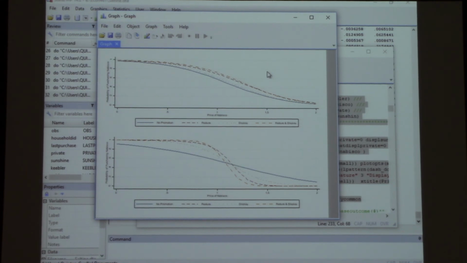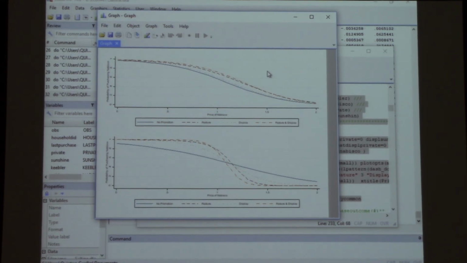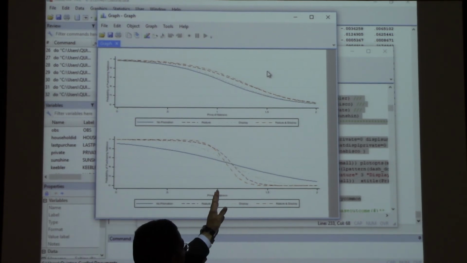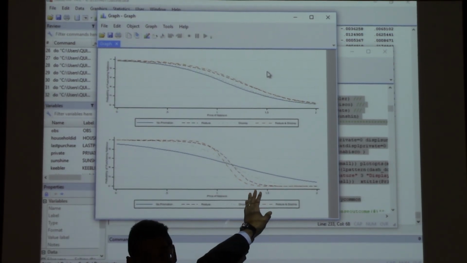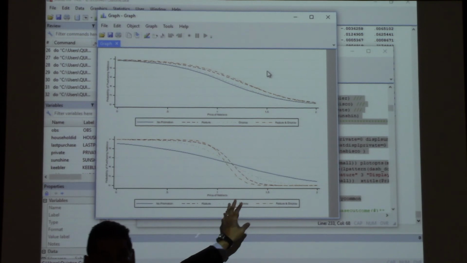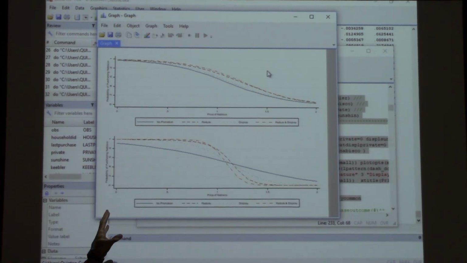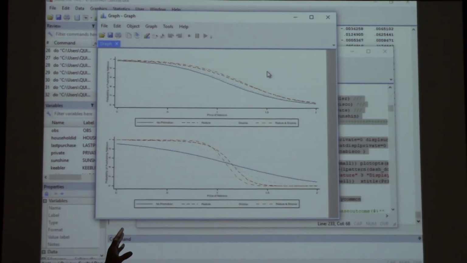There's a bigger effect from promotion. So when we promote and the price is above average, oh, there's a lower effect of promotion. Less of an effect. Not just less of an effect, ineffective. Not just ineffective, a negative effect. Yeah, it's a negative effect.